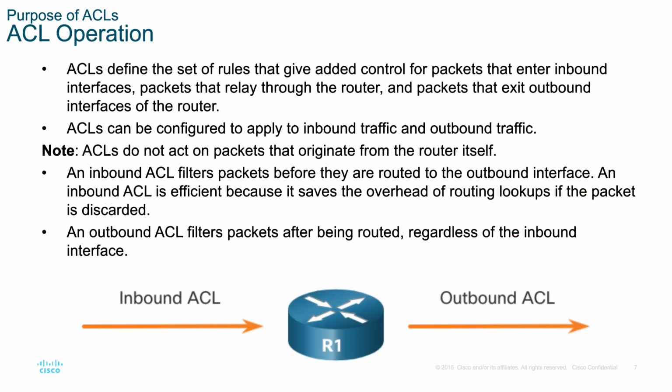So how does it work? Well, we have two types of traffic. We have inbound and outbound, and we can filter on either of these conditions. So we can place an ACL on an interface and we tell it which way to monitor the traffic. So we put it on, for example, FastEthernet 0/1, and we say it's going to filter based on inbound traffic.